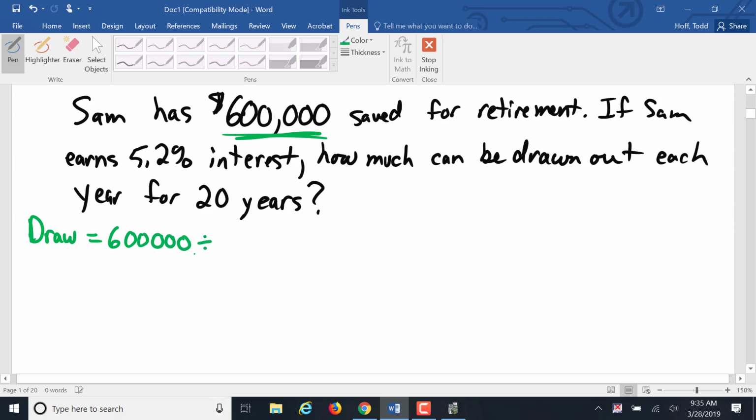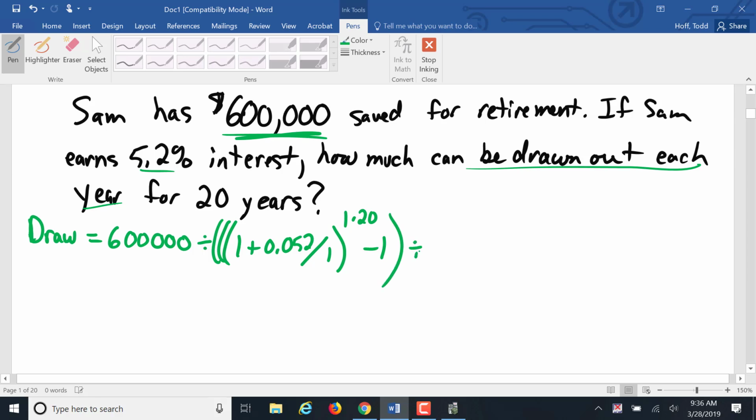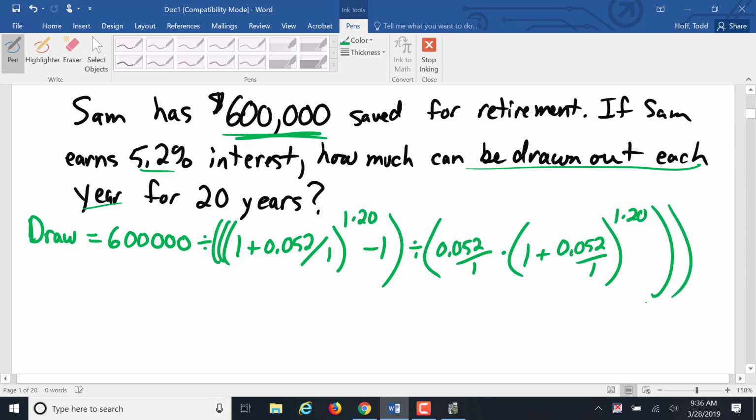Instead of times, though, it's divided by that term. 1, 2, 3, open parentheses, 1 plus, our rate is 5.2%, so 0.052, divided by, drawn out each year, so this is once a year, so n is 1, to the power of 20 years, so 1 times 20, minus 1, close our parentheses, divided by, open parentheses, 0.052, divided by 1 again, times, open parentheses, 1 plus 0.052, divided by 1, close parentheses to the power of 1 times 20, close and close.